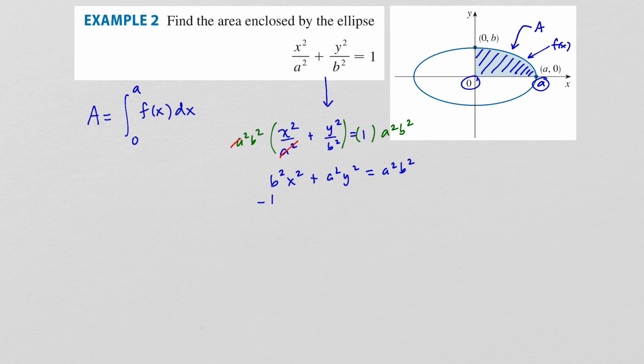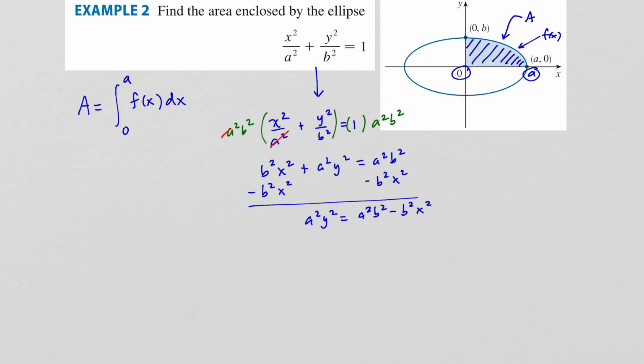Now to solve for y, next I'm going to subtract b squared x squared from both sides. That gives us a squared y squared is equal to a squared b squared minus b squared x squared.